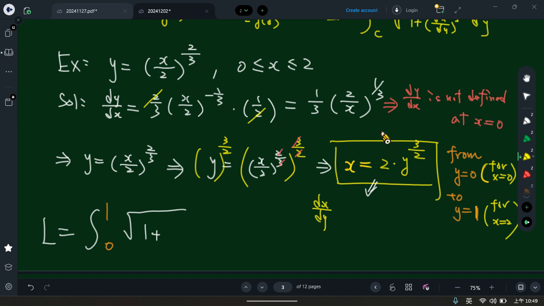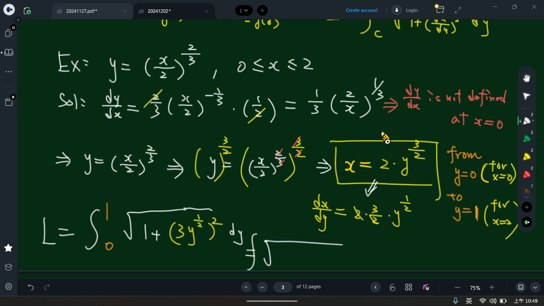This is 2 times 3 over 2 times y to the power of 1/2, so that will be cancelled. We can have 3y to the power of 1/2 squared, then dy, so that we have the integral from 0 to 1 of the square root of 1 plus 9y dy.